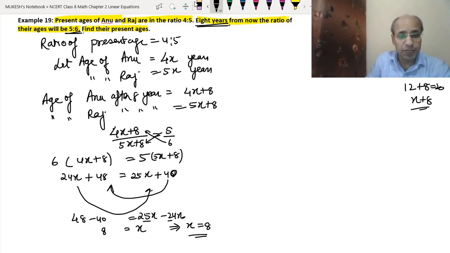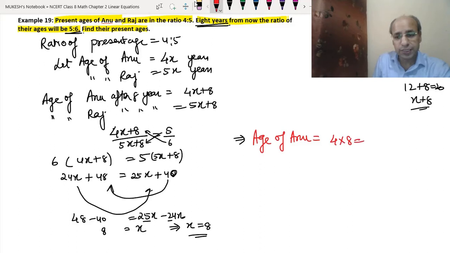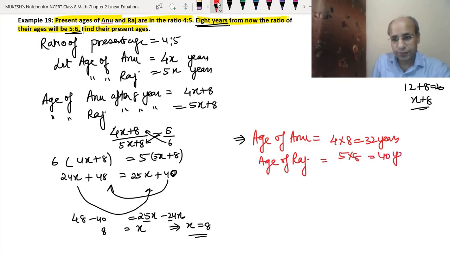So we will multiply 8 with 4 and 8 with 5. The age of Anu will become 4 into 8, because it was 4x years, which is 32 years. And the age of Raj will become 5 into 8, which is 40 years.